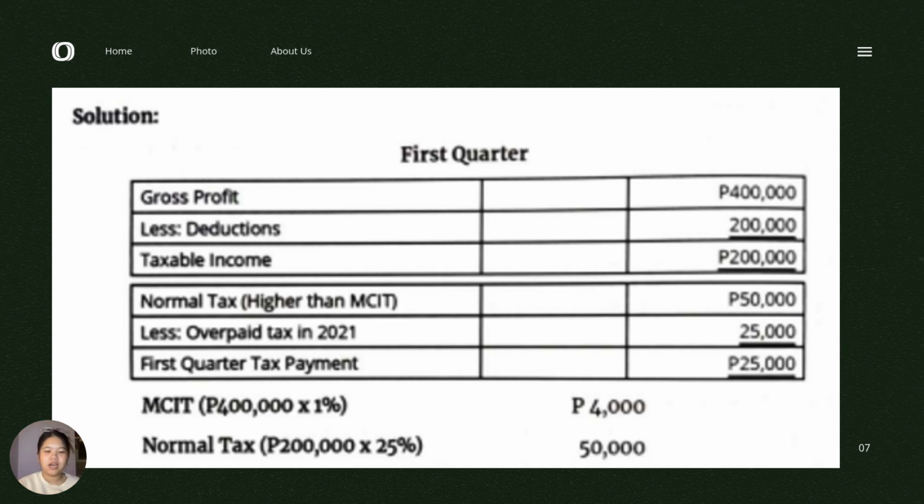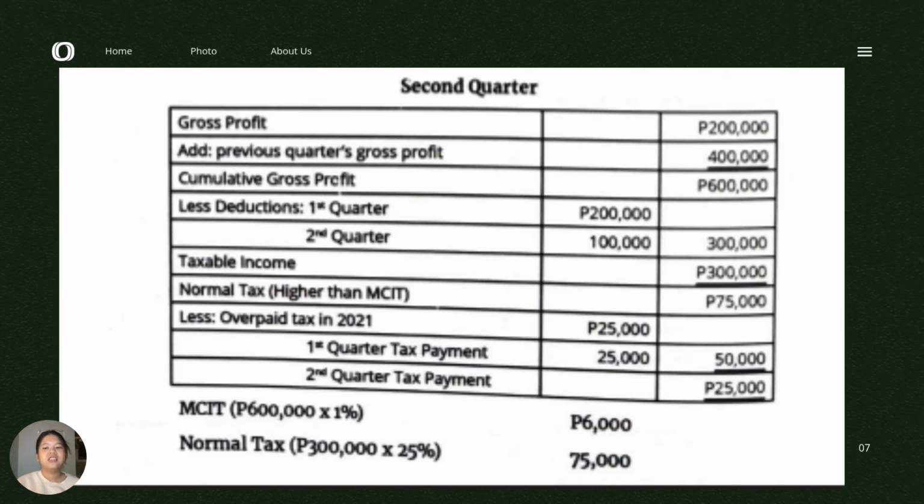But in normal tax, the taxable income of 200,000 times 25% results in 50,000. You remember earlier that whichever is higher is used in the calculation. So the normal tax is 50,000, and we less the overpaid tax in 2021, which we calculated earlier as 25,000. So the first quarter tax payment is 25,000.